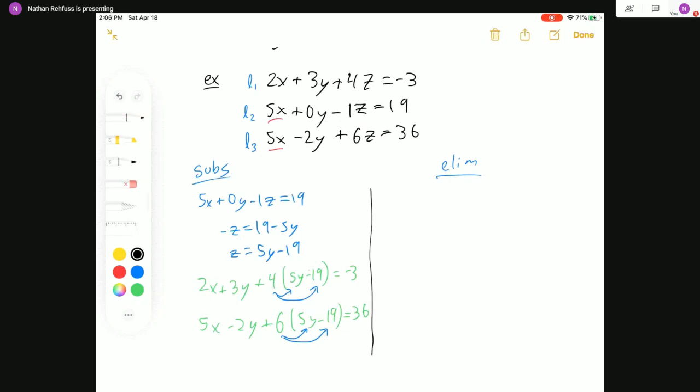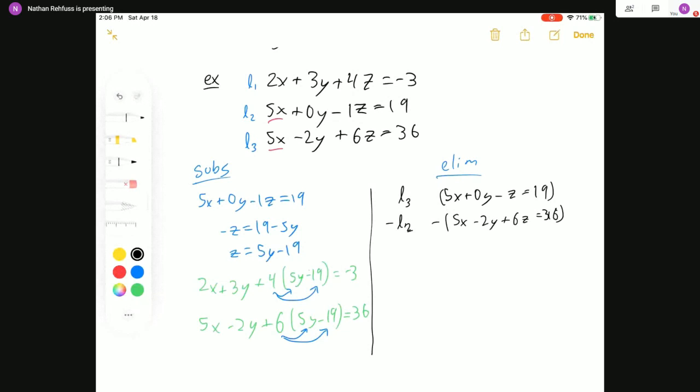I'm going to do line 3 and subtract line 2 from it. So that's going to be 5x plus 0y minus z equals 19. And from that, I'm going to subtract 5x minus 2y plus 6z equals 36.